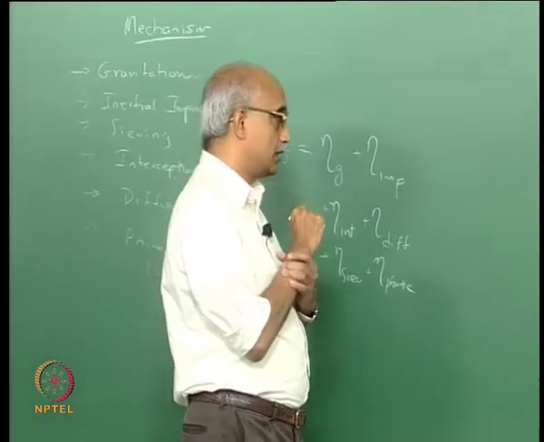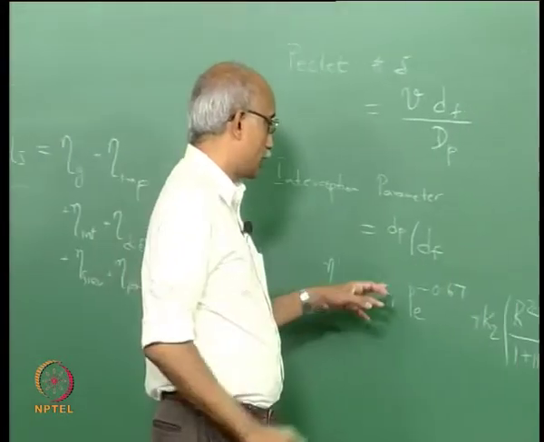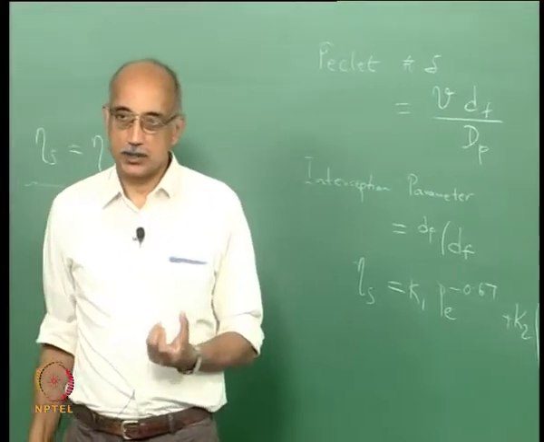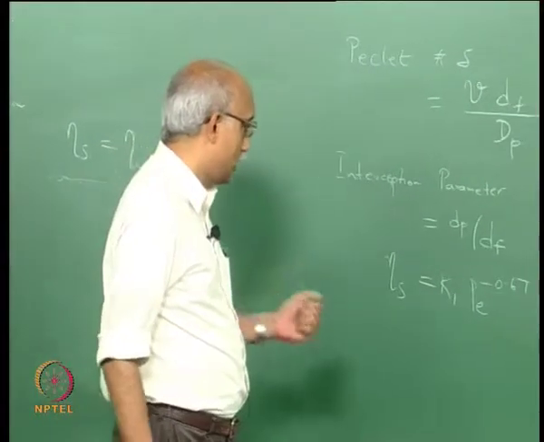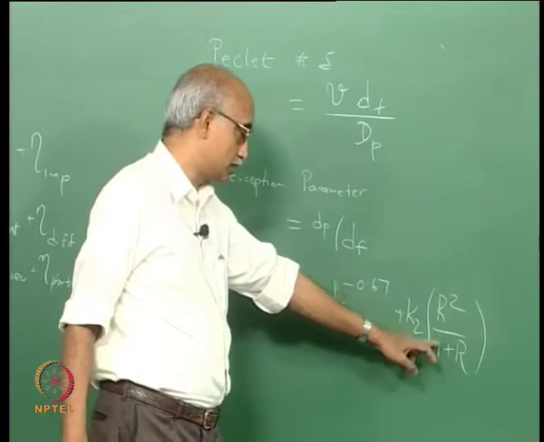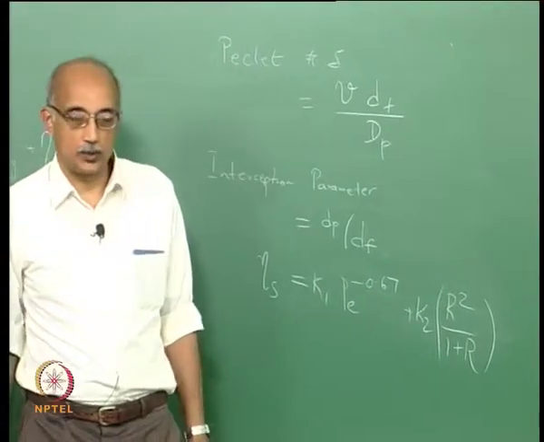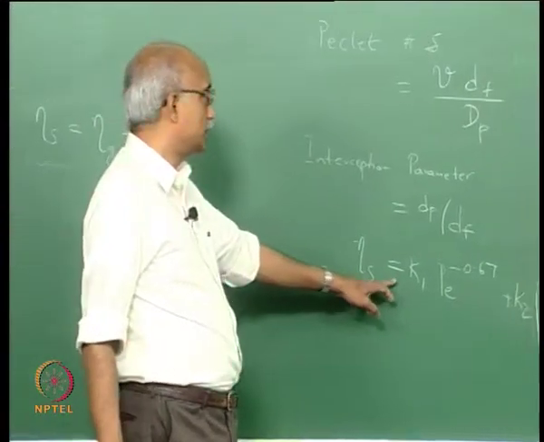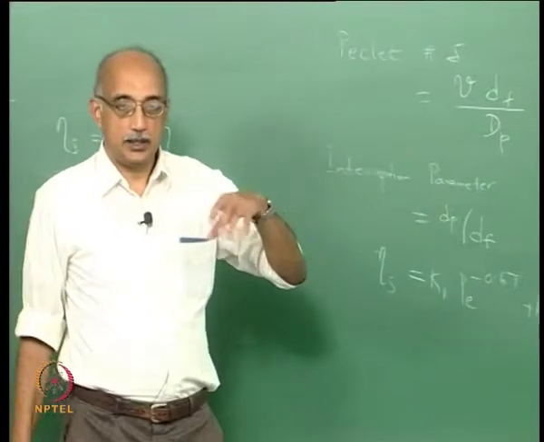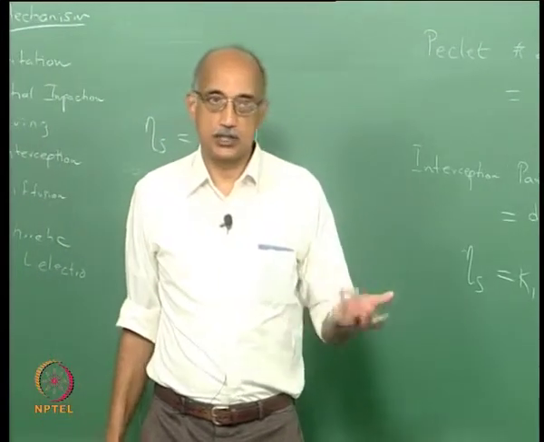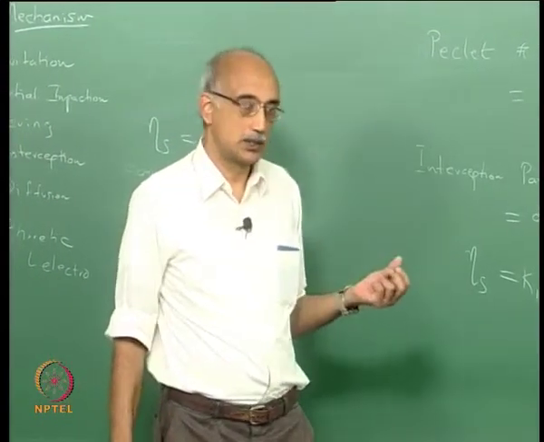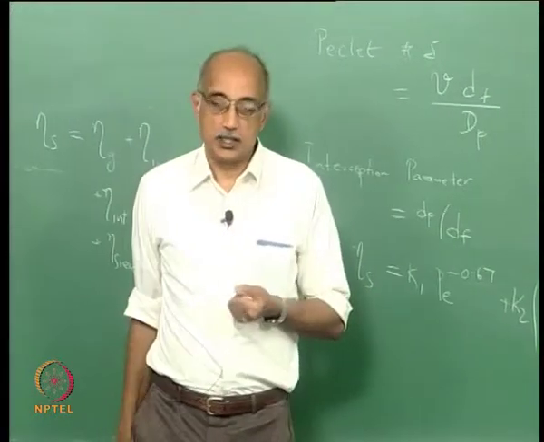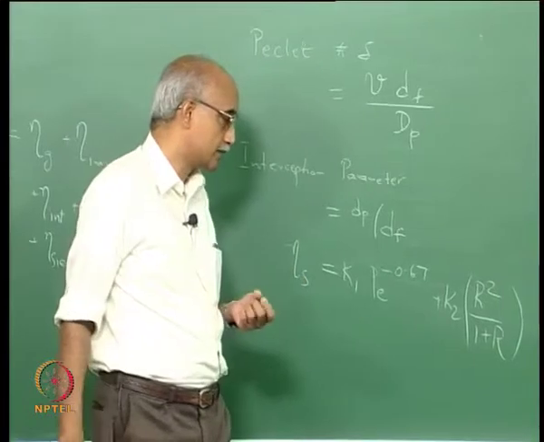Essentially, the lower the Peclet number, the higher the associated filtration efficiency, and the dependence on the interception parameter goes as R squared over 1 plus R. This is the formula that needs to be plugged into the overall filtration efficiency of a fibrous filter: eta equals exponential of 1 minus eta S times S.